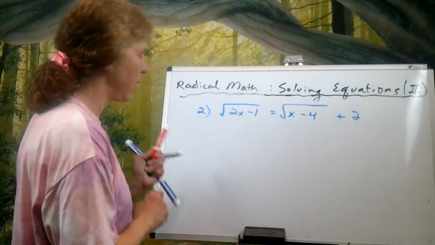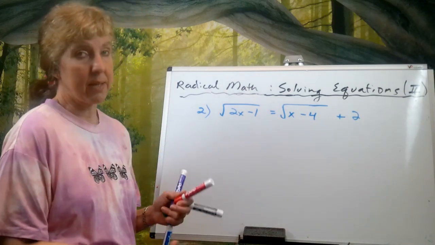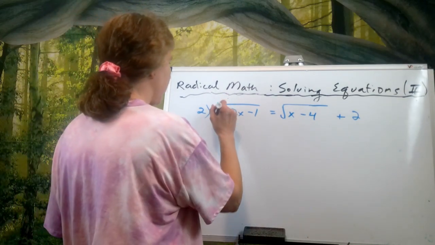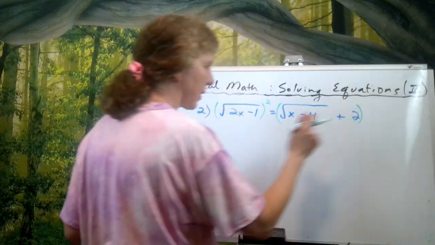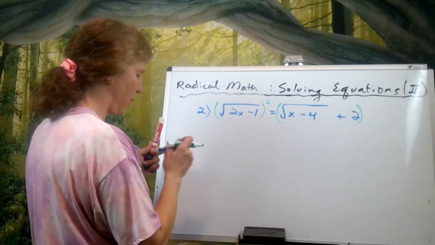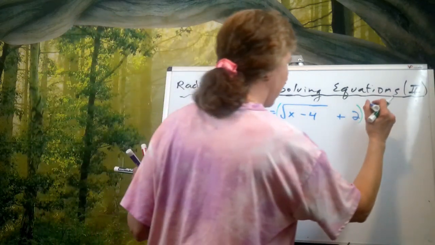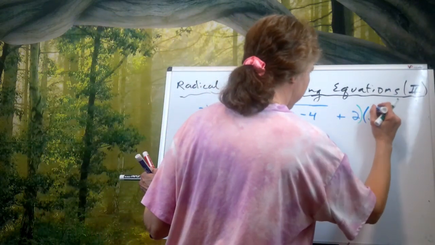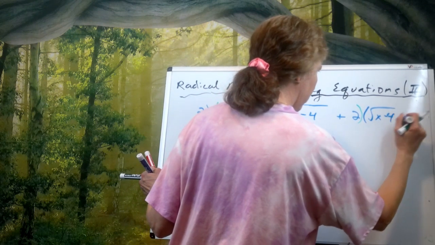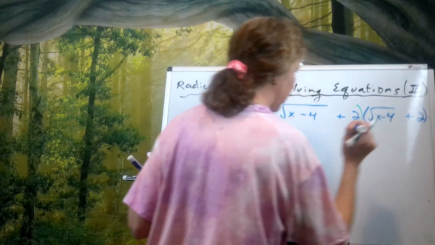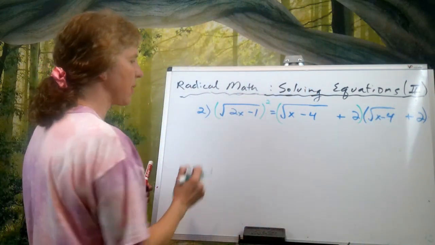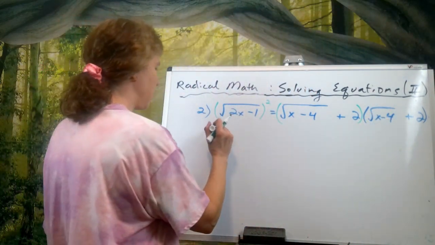So on this one, it's as isolated as it's going to be, so we're going to square both sides straight away. And again, I'm going to want to FOIL that, so I'm just going to rewrite it right now. Oh, it's x minus 4. There we go. On the left-hand side, the square root and square undo each other.